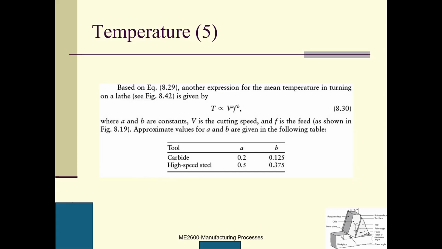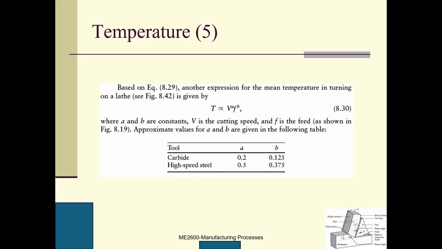For turning, we have three different cutting parameters. One is the cutting speed. Then we have depth of cut, which is in the radial direction. And we also have the feed rate, which is in the longitudinal direction with respect to the cylindrical workpiece.